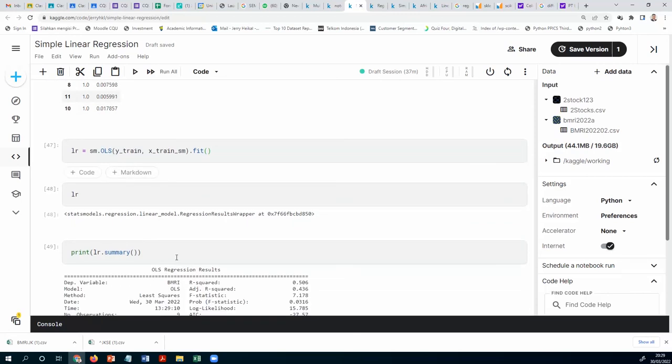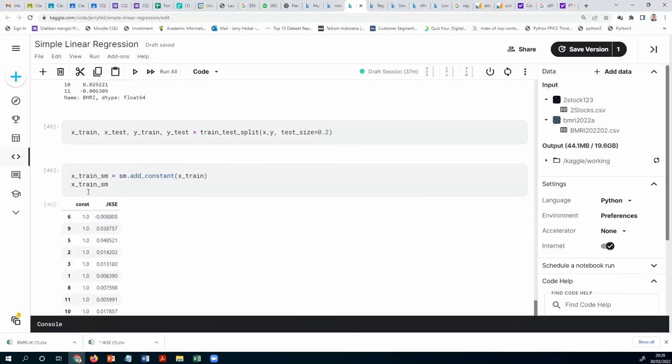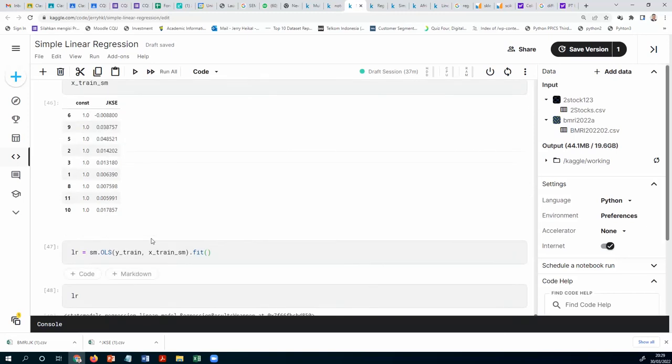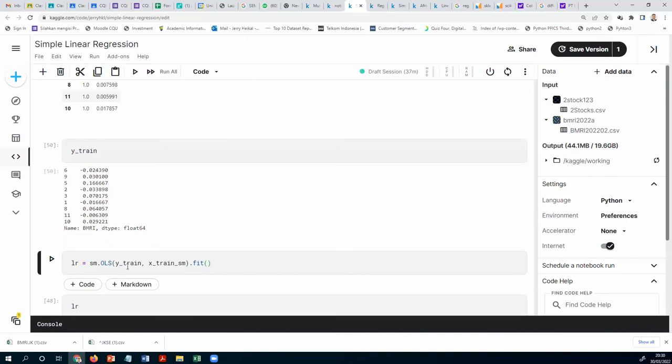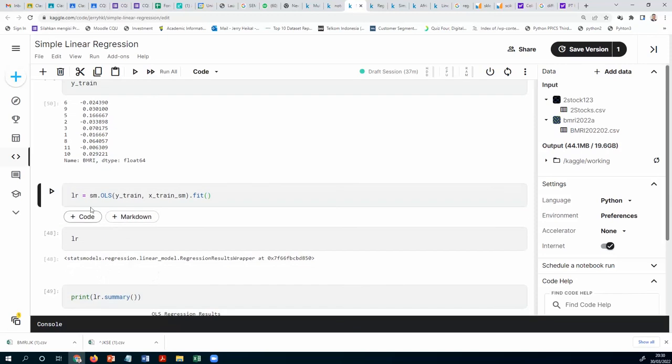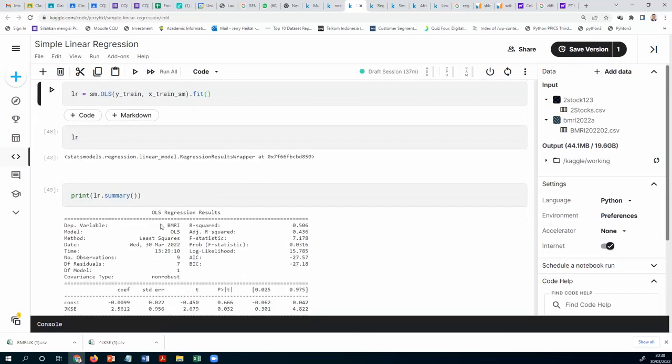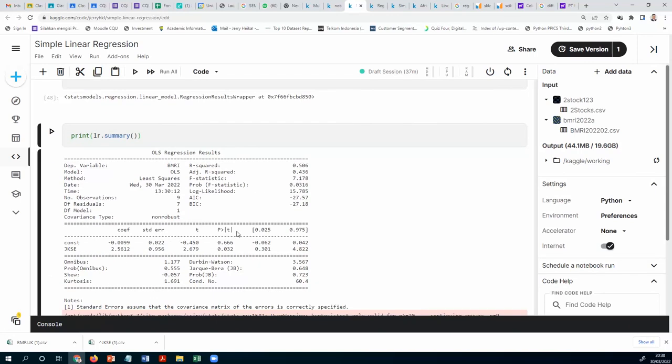This is X train SM. This is the data. What about the Y train? Okay, correct. The data is the same. Okay, and then this is the linear regression. And then print summary of the data. Okay, cool. You just need to refresh it because it was still using the previous data.